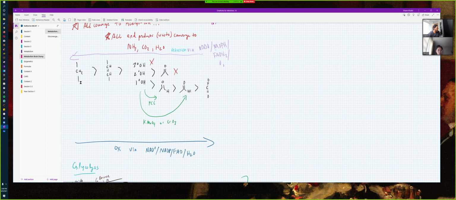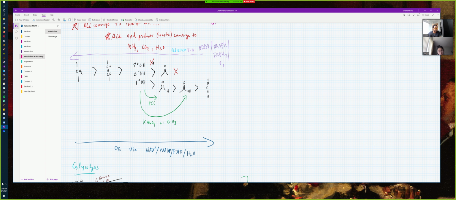Let's say you start off with an alkane, a single bond. You oxidize that, it turns into a double bond, and you oxidize that again, and it'll turn into an alcohol. It can be a tertiary, secondary, or primary alcohol.